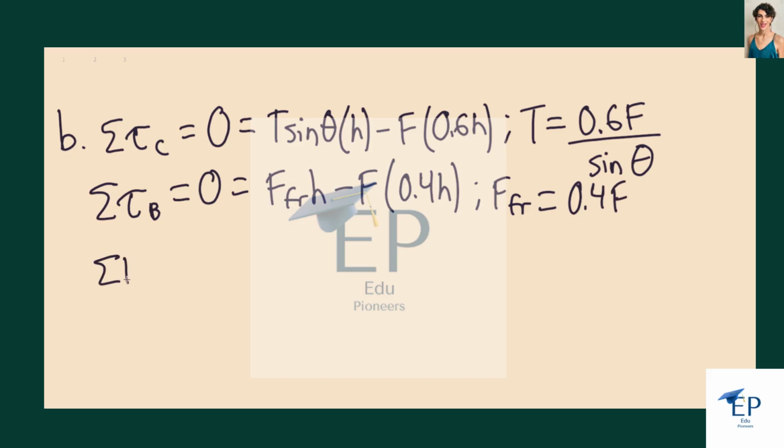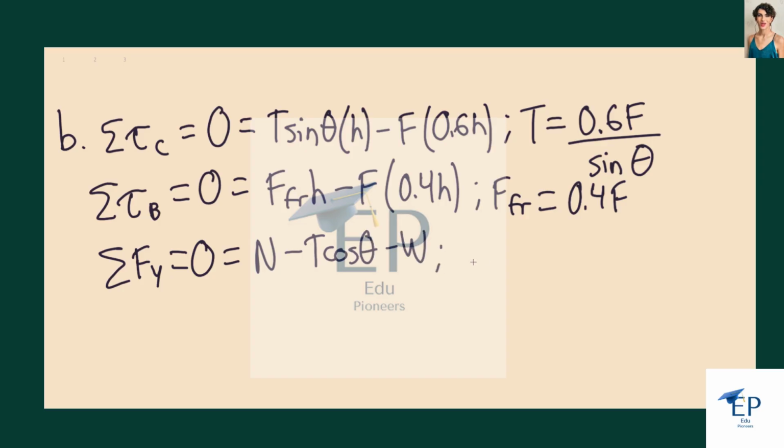We can take the sum of forces in the y direction. This is going to be 0, and this will again be the normal force minus the tension cosine of theta minus the weight. We know that the normal force is going to be the weight plus the tension cosine of theta.